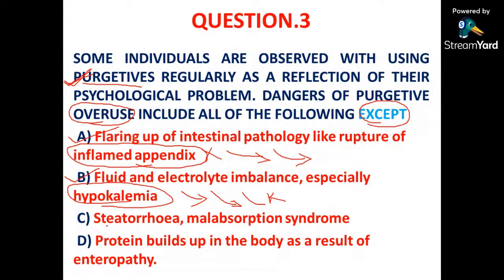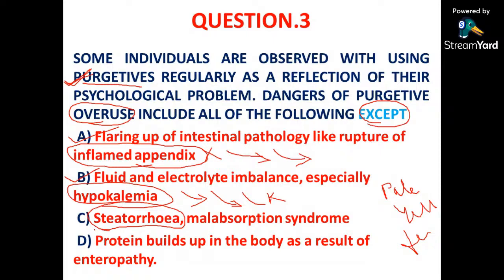And the third one, overuse of purgatives will cause steatorrhea. This is a very important term. Steatorrhea is the condition where the patient will produce pale yellow mucus type feces. Pale yellow mucus type feces are called steatorrhea.